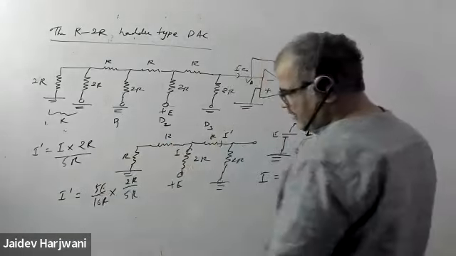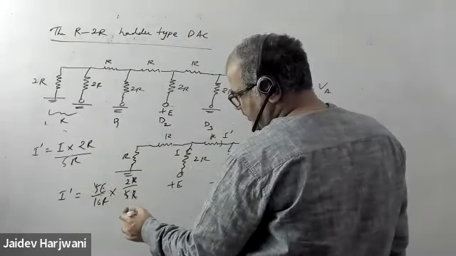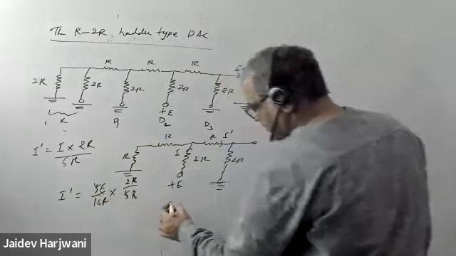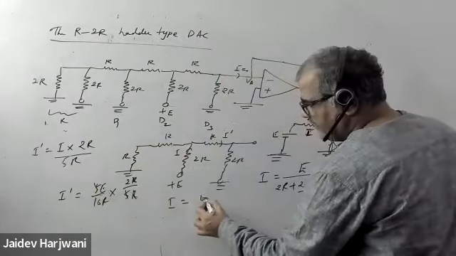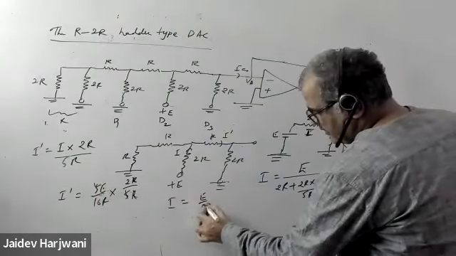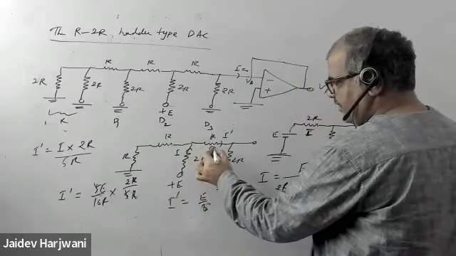Now this 5 cancels, R cancels, and you are left with 2 upon 8. So I dash is E upon 8.